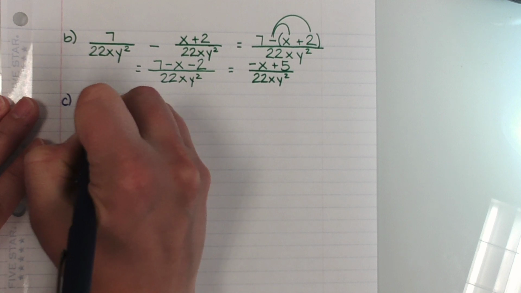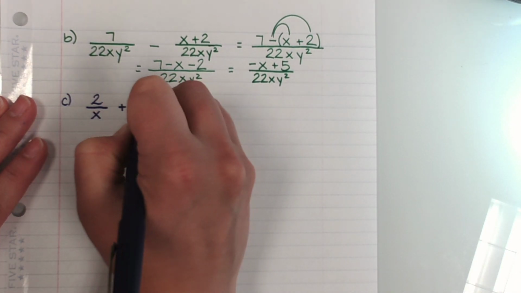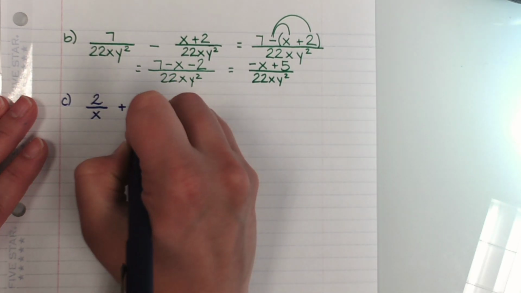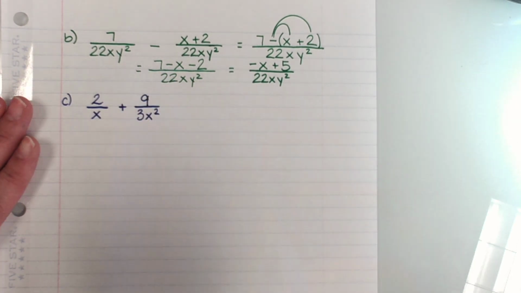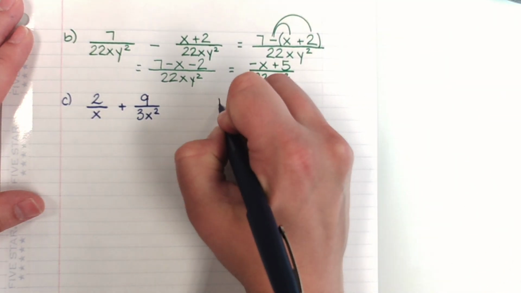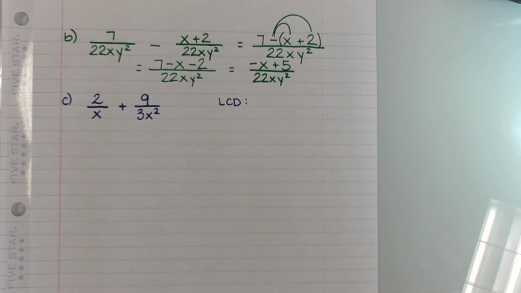Okay, let's step it up a little bit. I'm adding, so I need a common denominator. This is the time they don't have it. x and 3x squared.